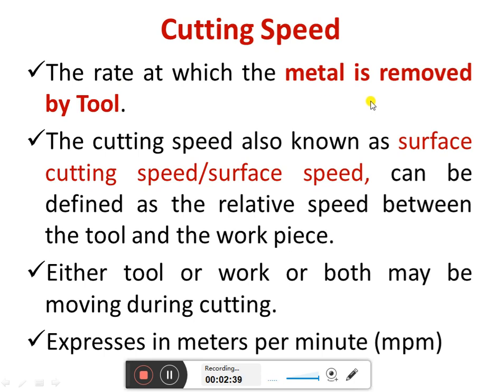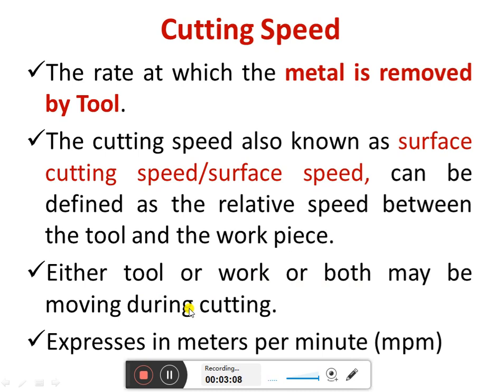The cutting speed, also known as surface cutting speed or surface speed, can be defined as the relative speed between the tool and the workpiece. Either the tool or the work or both may be moving during cutting.